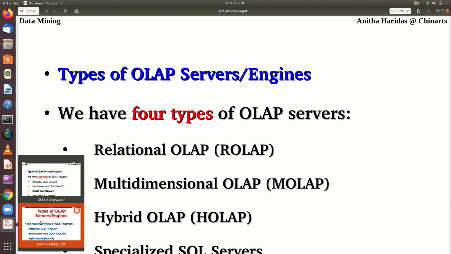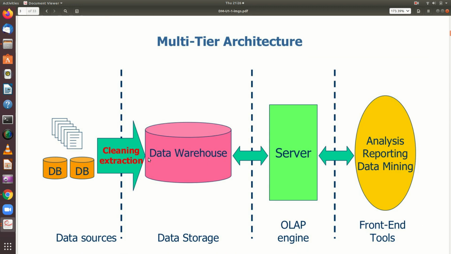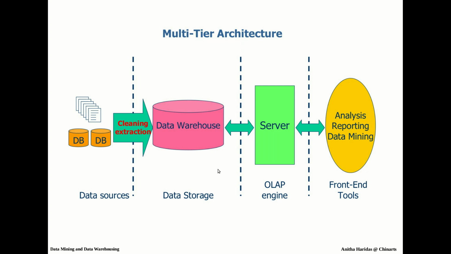We have seen the architecture of data warehouse. This is the architecture we have seen, and in this architecture we have discussed to perform the OLAP operations on the data warehouse, because the multidimensional data is presented here.